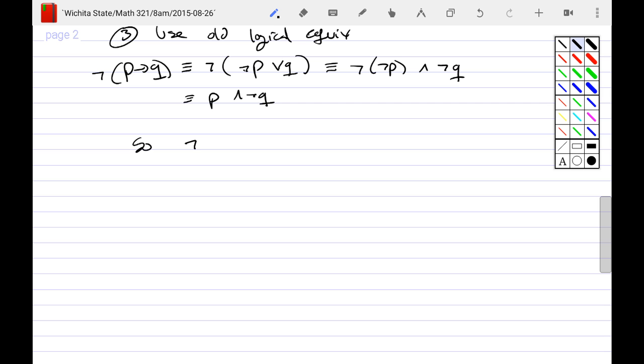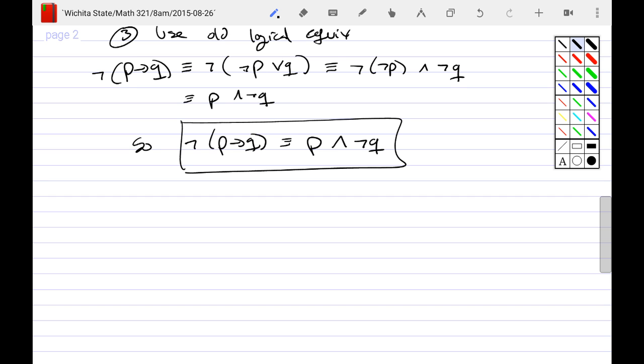And so it is true that the negation of an implication is the same thing as having the hypothesis and not having the conclusion. This is actually an important one to know. We'll use this a lot later. One of the reasons why is sometimes we're interested in showing that P implies Q is always true for certain P's and Q's, right?